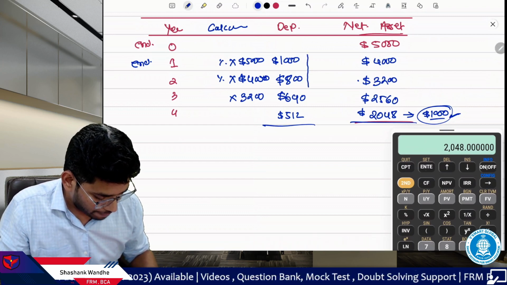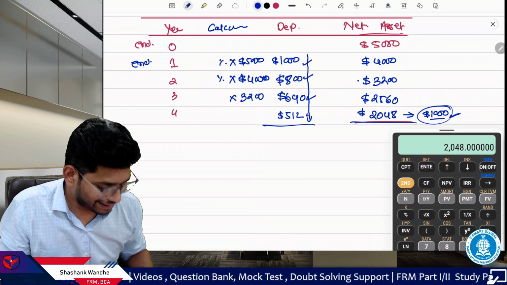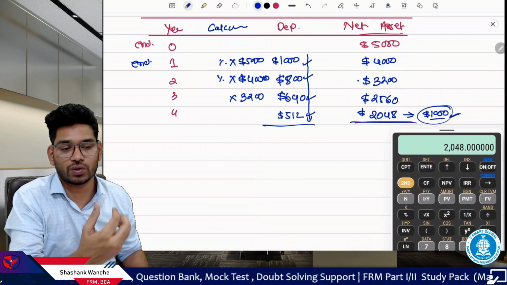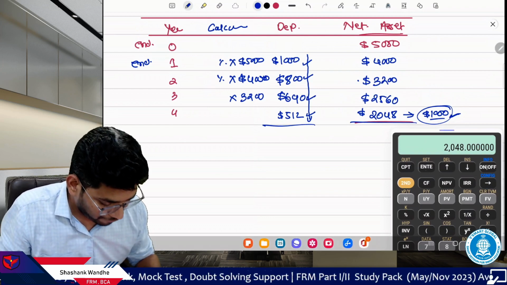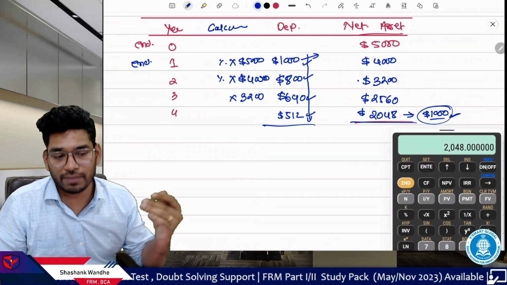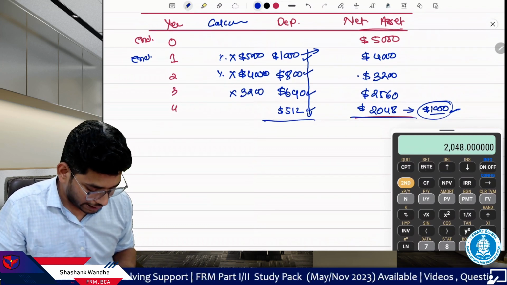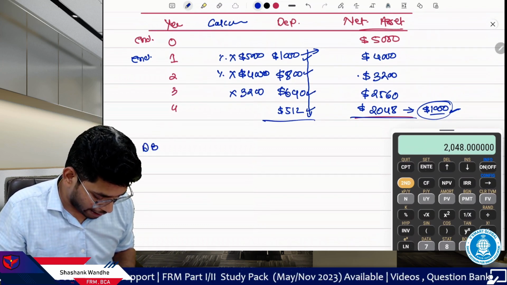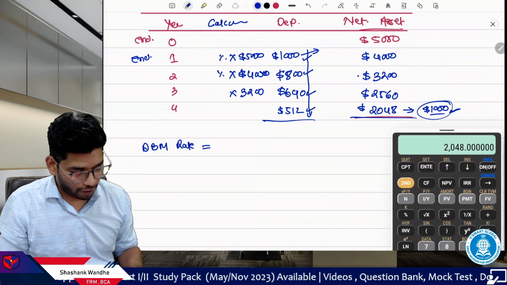See here what's happening. The depreciation expense is declining, and that's why it is known as declining balance method. If you calculate the proper rate, then for the first period the depreciation will be higher, and for the last period the depreciation will be lower. Now, how to calculate the declining balance method rate for depreciation? The formula is very simple.